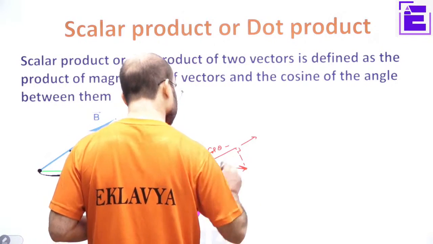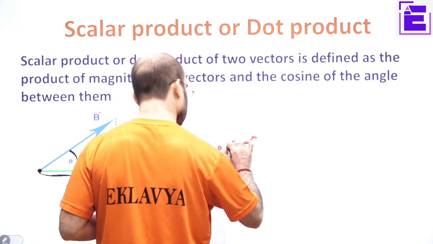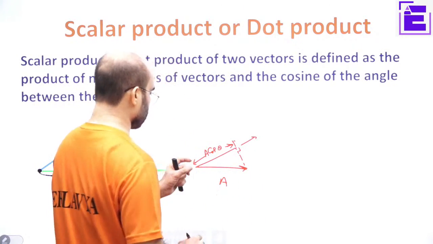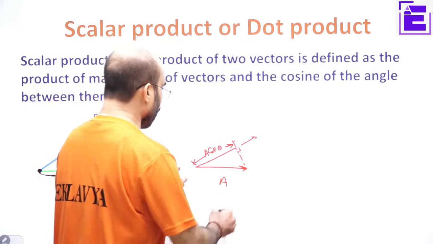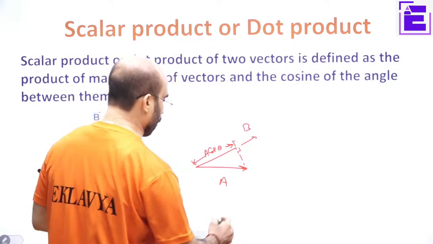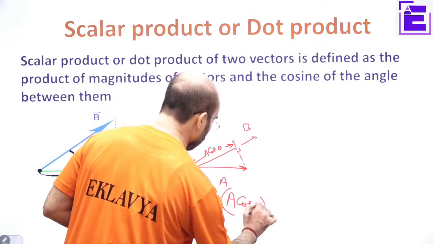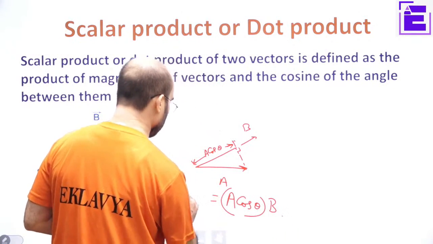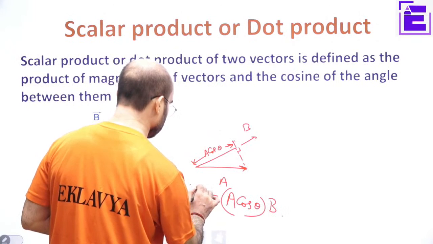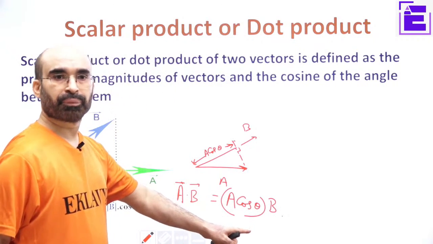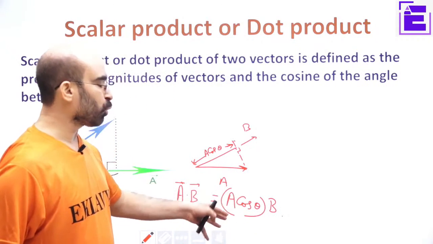So this will be from here to here, it is A cos theta. And this is B, vector B. So what will happen? A cos theta into B will give you A dot B. Understood? So this we need to keep in mind.